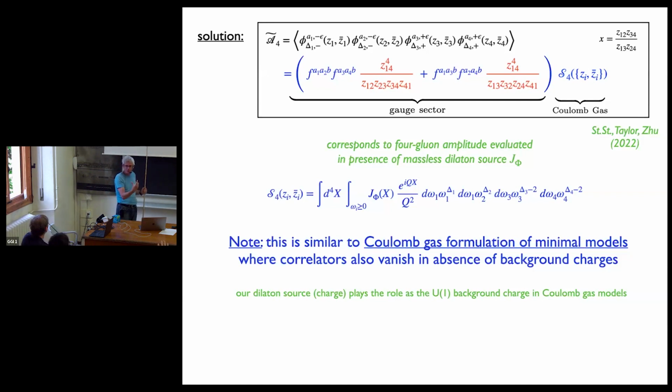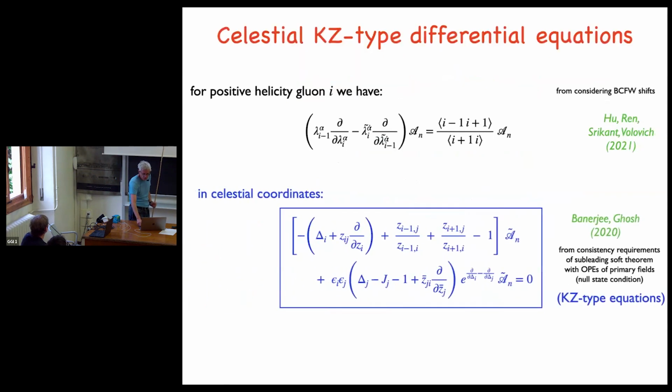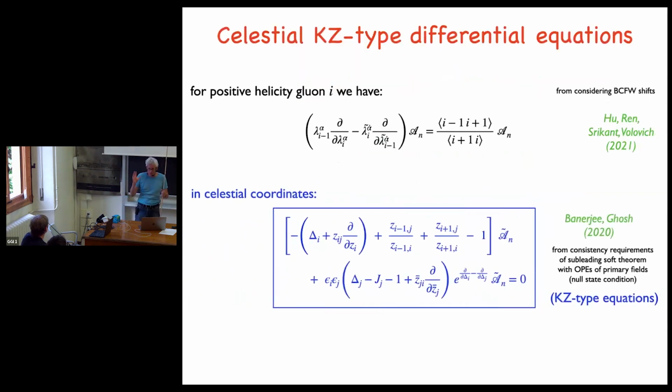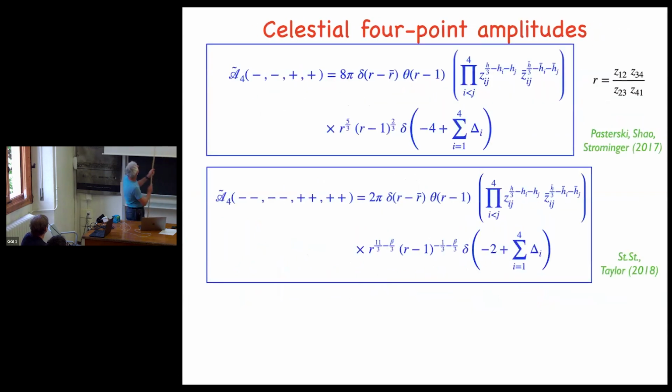With the delta function, yes. Because now we forget about the celestial Carrollian amplitude, because we don't like it, because it has this delta function. It's difficult to do conformal block decomposition and many other things.